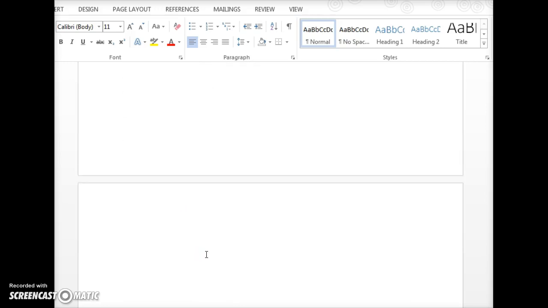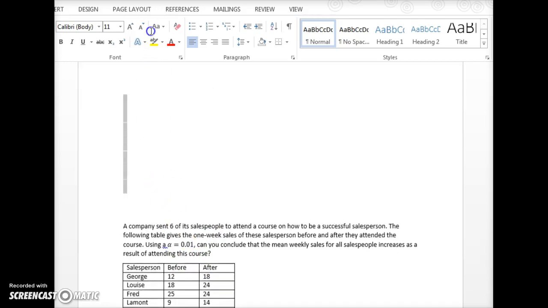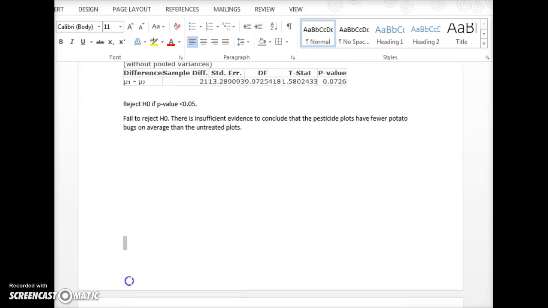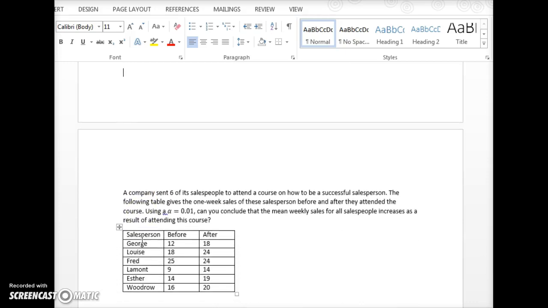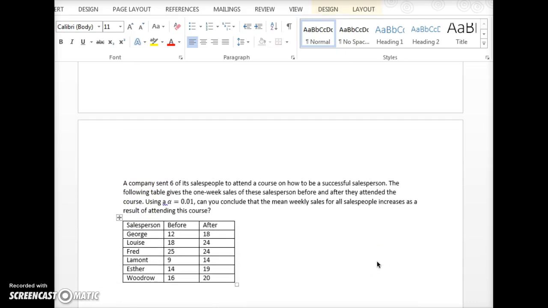For the last example, a company sent 6 of its salespeople to attend a course on how to be a successful salesperson. The table gives the 1-week sales of the salespeople before and after they attended the course.